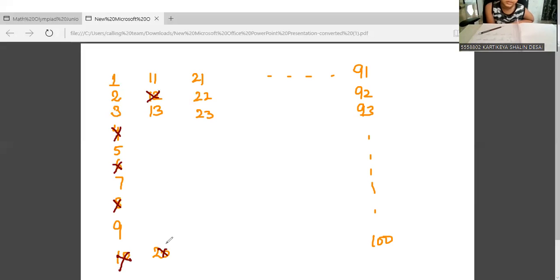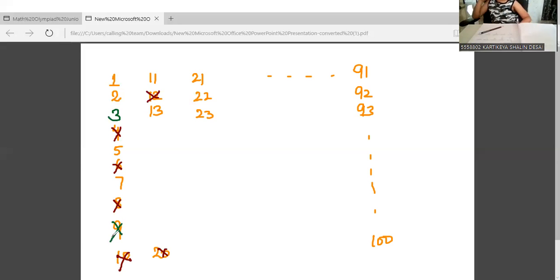Yes, ma'am. So in the similar manner, with a different colored pen, you will strike out all those numbers which are divisible by 3. But sorry, we should retain this 3. So 6 will be out. That is already out. 9 will be out.